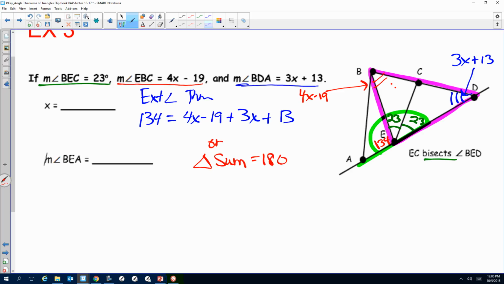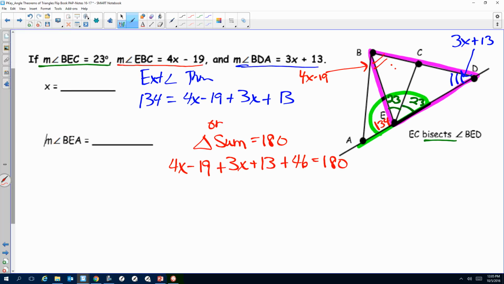So if I add up all the angles in my purple triangle, that would be 4x minus 19 plus 3x plus 13 plus 46 equals 180. So we can go either way. The 46 is because I added the two 23s, because it was bisected. Remember that angle got bisected? So what is our value for x?